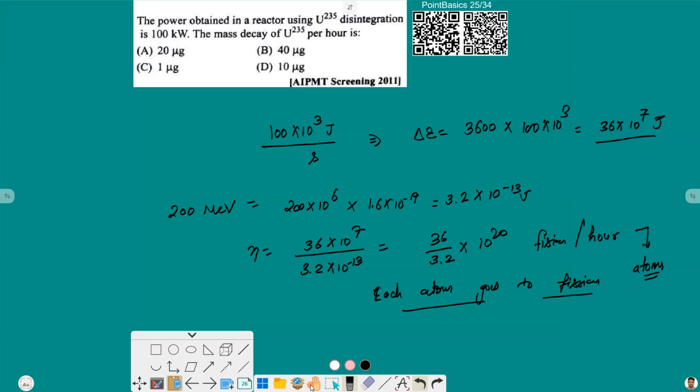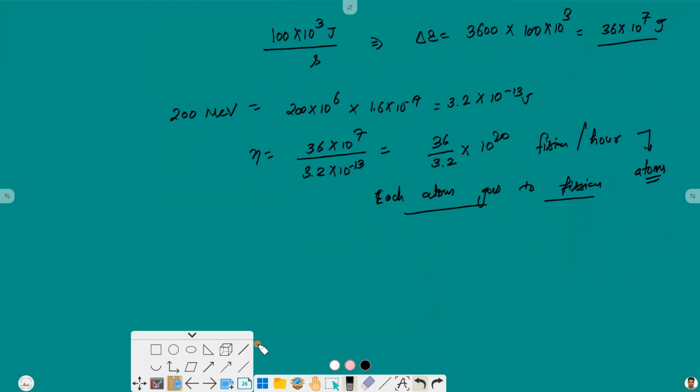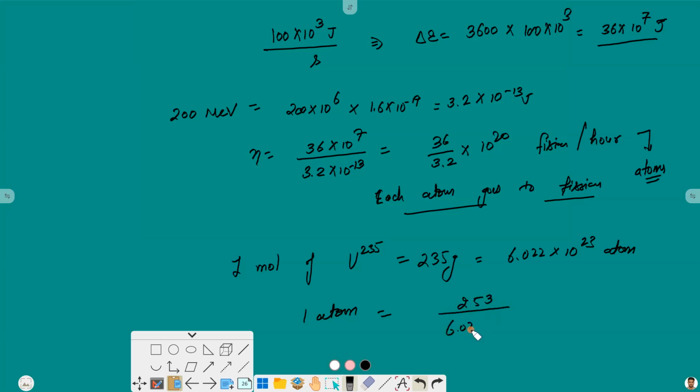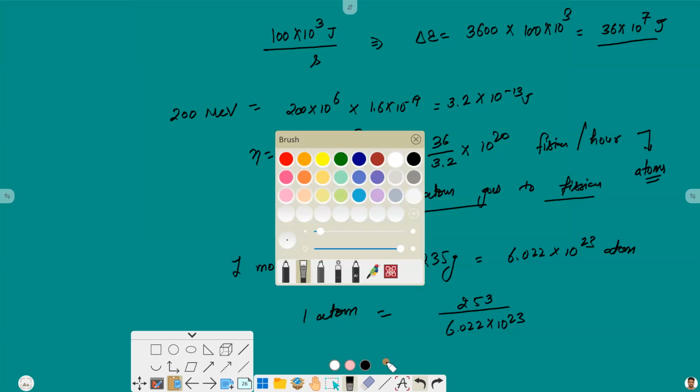And how will we do that? We know that 1 mole of uranium-235 has a mass of 235 gram and has 6.022 into 10 raised to power 23 number of atoms. So we can reverse engineer this process. One atom will have a mass of 235 divided by 6.022 into 10 raised to power 23, and we have number of atoms equal to this value.